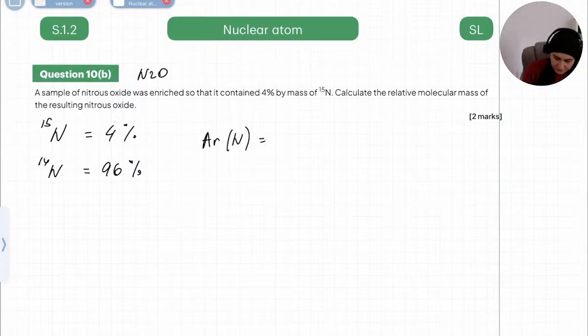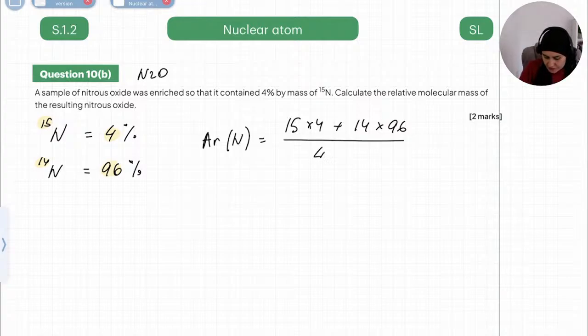And then we find the relative atomic mass for nitrogen in this sample. It would be mass number times abundance: 15 times 4 plus 14 times 96, divided by the sum of the abundances, 4 plus 96. Be very, very careful. It's not always 100. If it's percentage abundance, it is 100 most of the time, but they can set the most abundant isotope as 1 or as 100%, and then it would be something else.